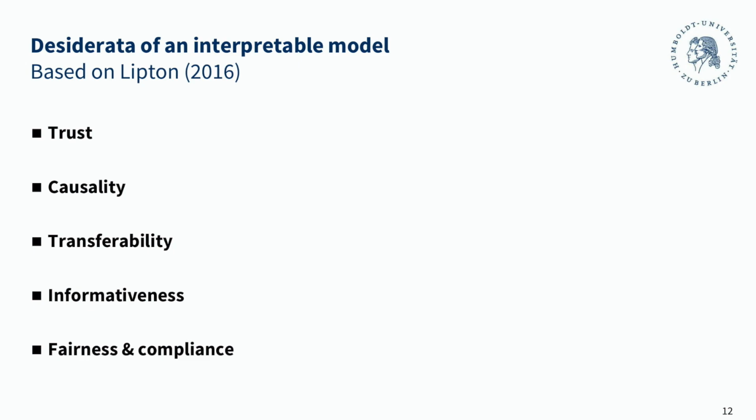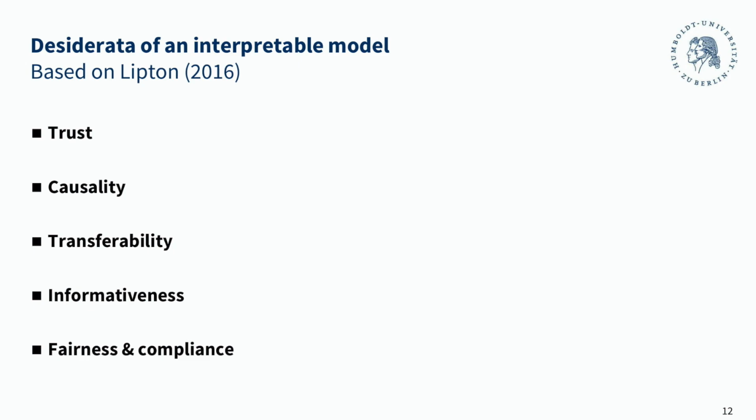And because of that, he, looking into previous literature, compiles this list of desiderata. So what an interpretation method should deliver. Instead of giving a crisp definition, model interpretability is X, Y, Z, he comes up with this list, and I believe this is a useful approach.